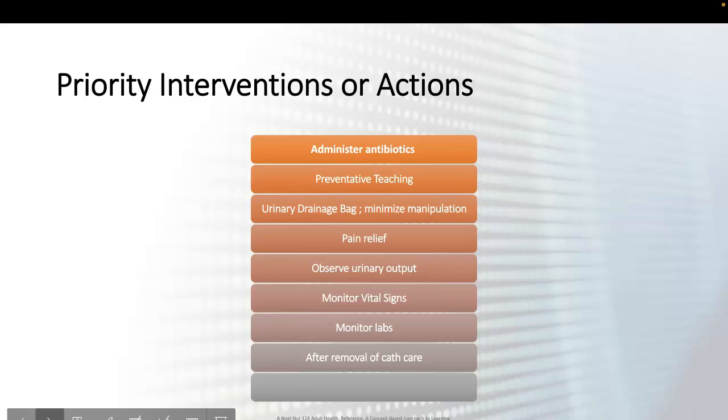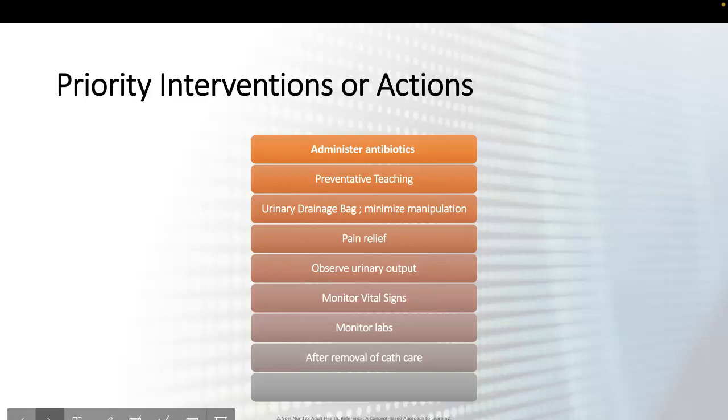Insert urinary catheters, especially pre-op. And most often the urologist will need to insert the Foley catheter. The reason why is because this patient most likely has a lot of constriction going on there, and you don't want to cause trauma to the urethra.